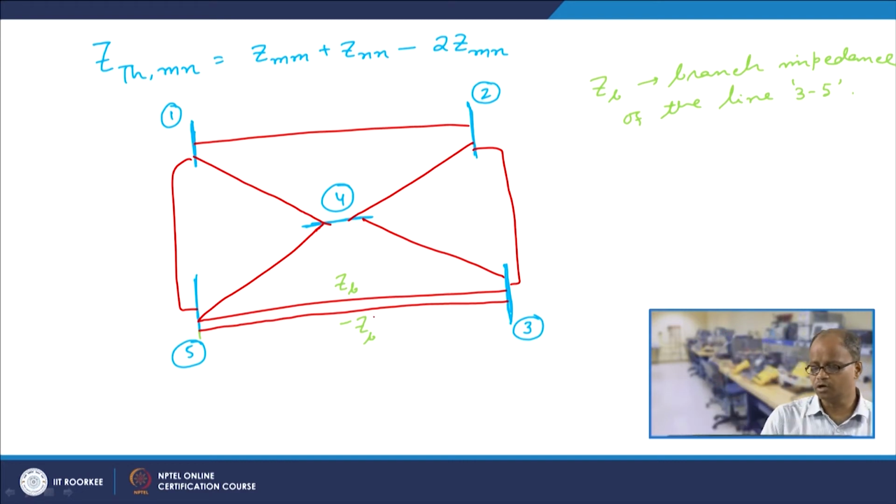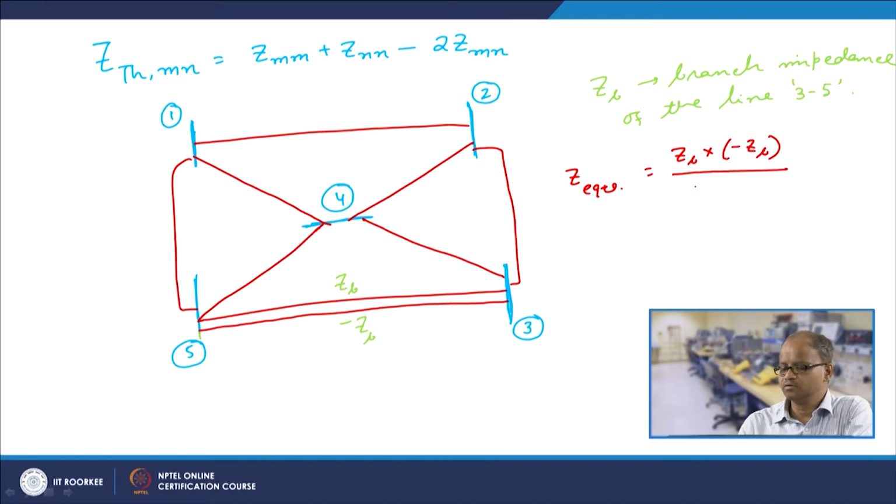So, the equivalent impedance of these two parallel lines with ZB and minus ZB would be ZB into minus ZB divided by ZB minus ZB, that is infinity. So, when it is infinity, it is as if this particular original line is switched off.